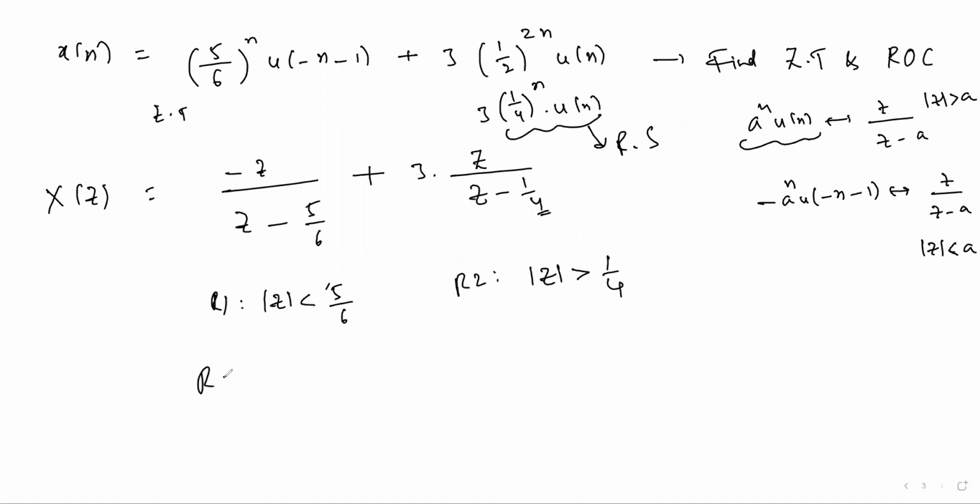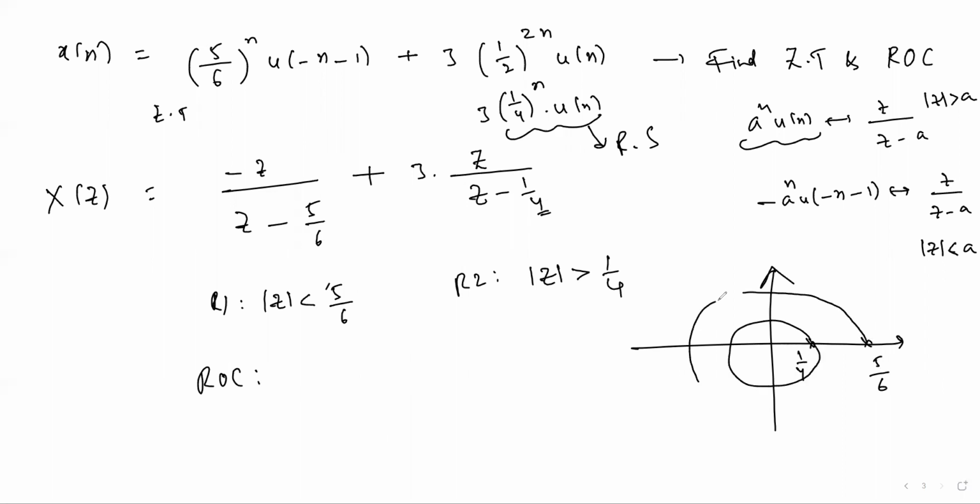So what is the combined ROC? R1 is less than 5 by 6. Let's take 5/6 here and 1/4 here. Mod z greater than 1/4 is one ROC, like this, and mod z less than 5/6 is another ROC, like this.